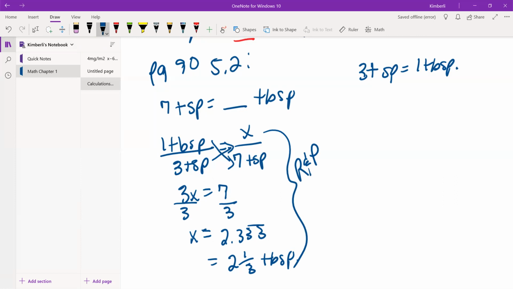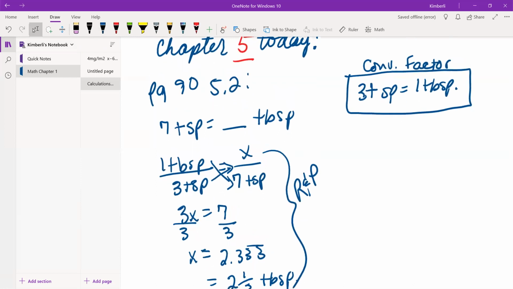So with dimensional analysis, we're going to look at the same question. Here's our conversion factor. The conversion factor is 3 teaspoons equals 1 tablespoon. So the problem that we're going to have to solve here is how many tablespoons are in 7 teaspoons.